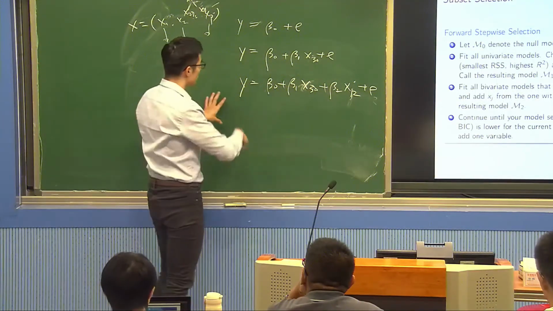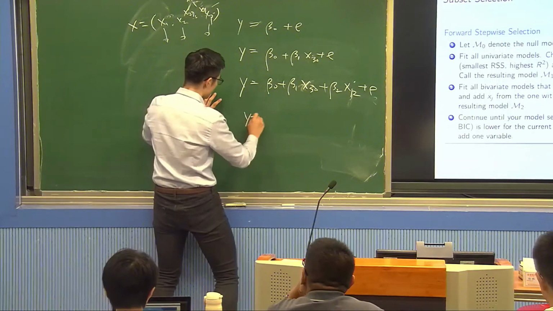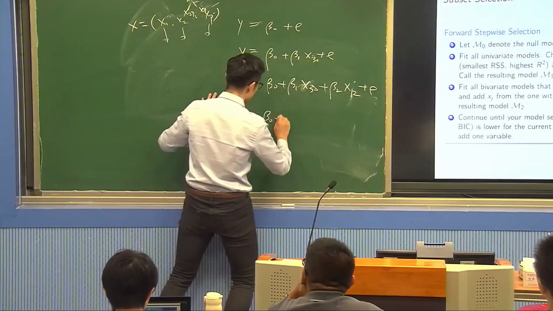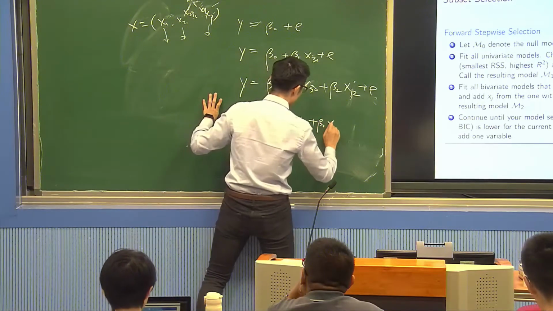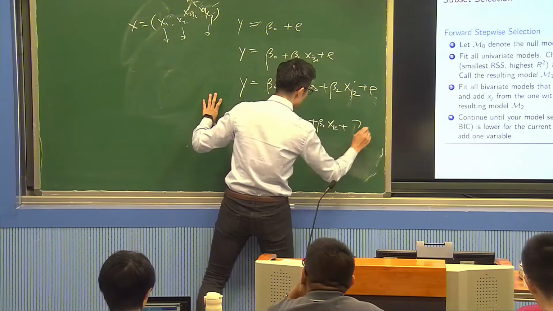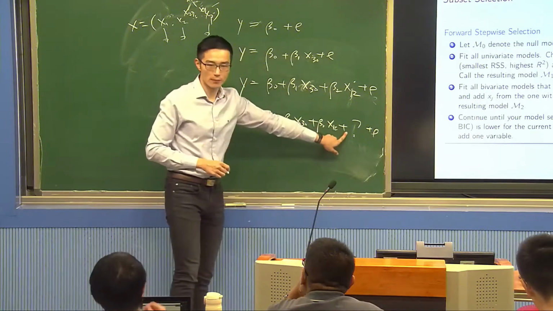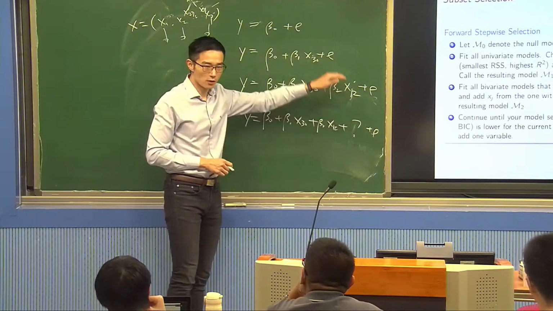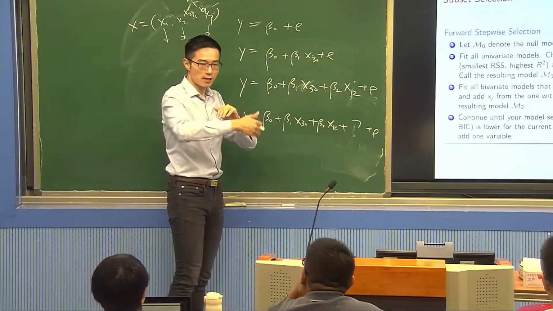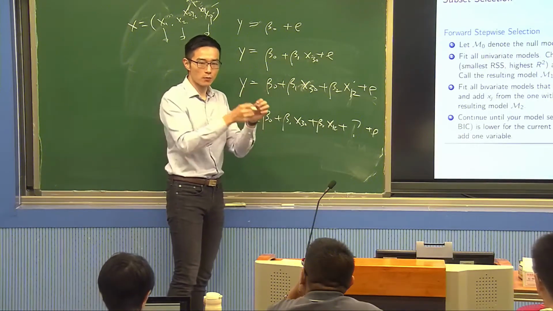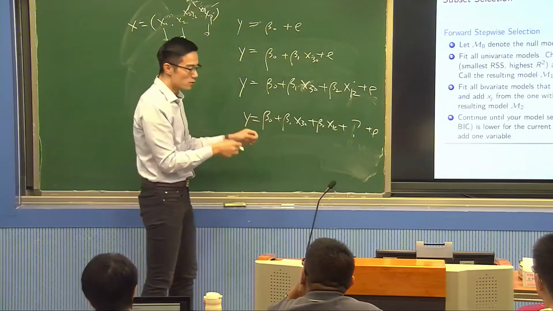And then, of course, the next step, as you guessed, is: given x30 and given that I already have x12, what additional variable should I put into my model? This is called forward stepwise, as we are step by step including more and more variables. When do I stop?